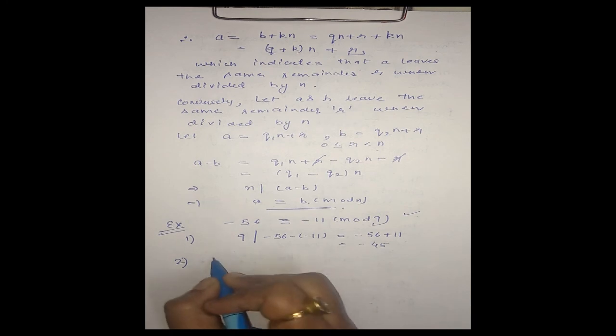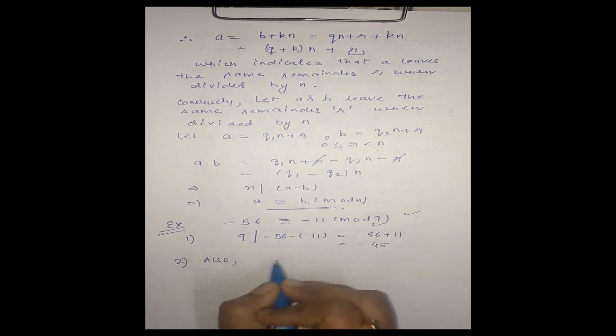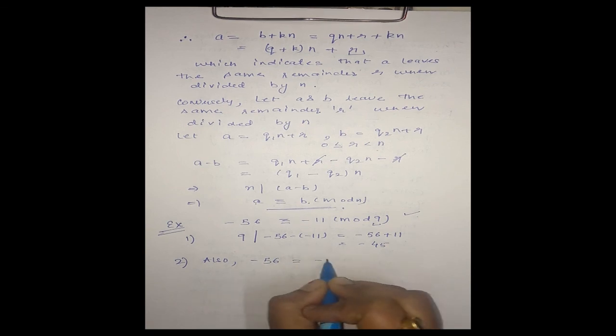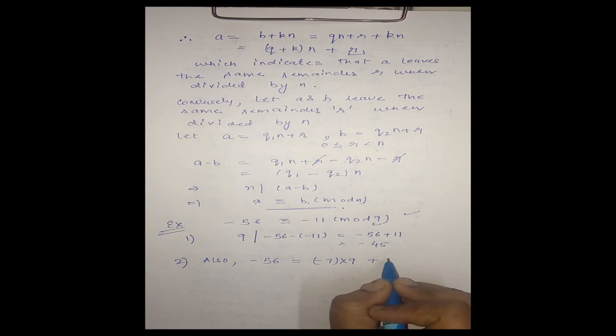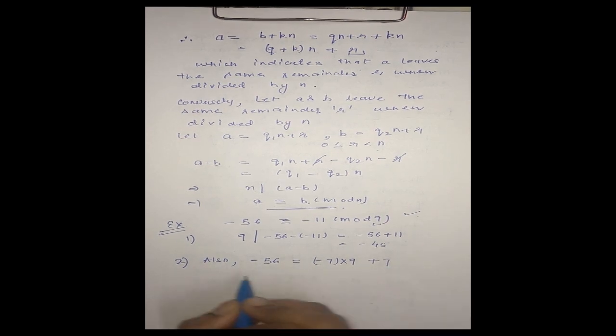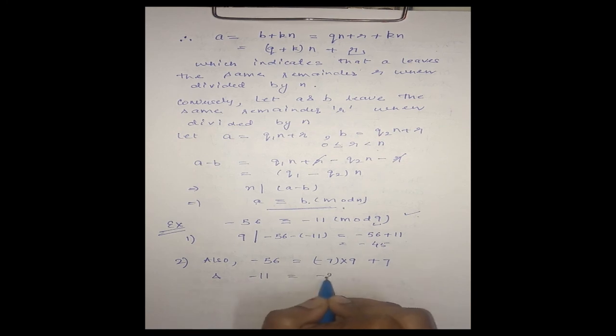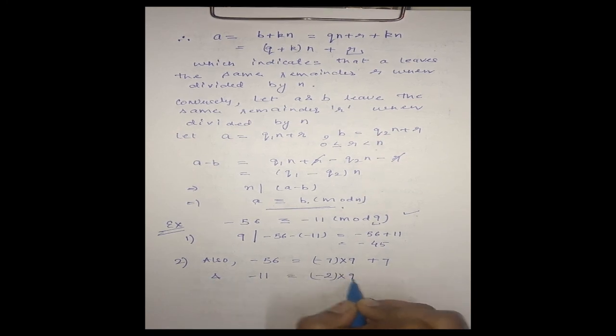Now also, minus 56 can be written as minus 7 into 9 plus 7, this is minus 63 plus 7, minus 56, and minus 11 can be written as minus 2 into 9 plus 7, this is minus 18 plus 7, minus 11.